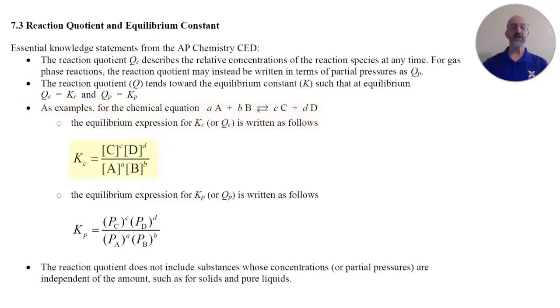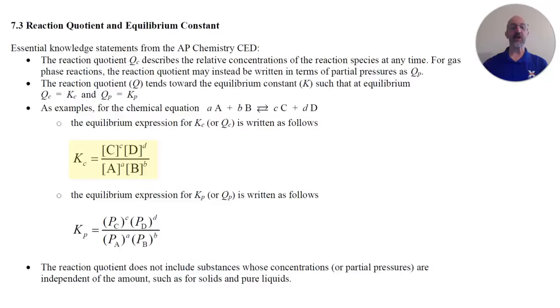It is a ratio of the concentration of the products over the concentration of the reactants. These terms are multiplied together, and then there's also exponents that come from the coefficients in the balanced equation. So the representation of the equilibrium expression Kc is equal to the following.